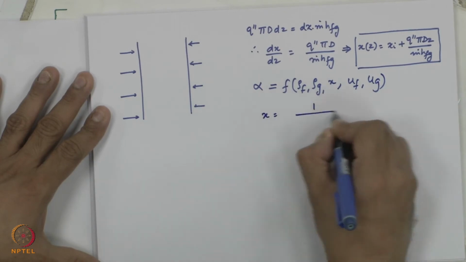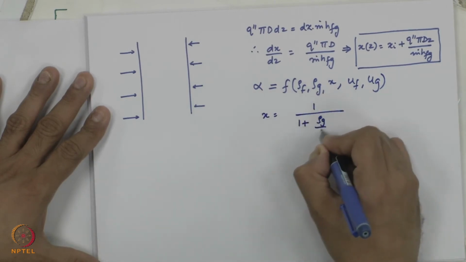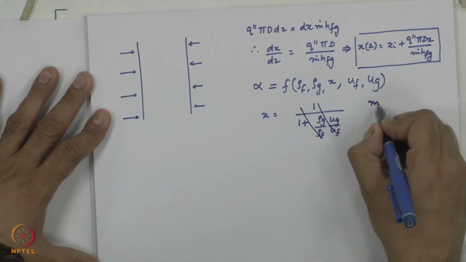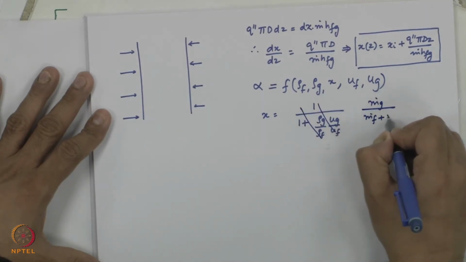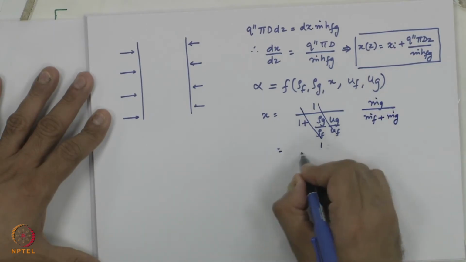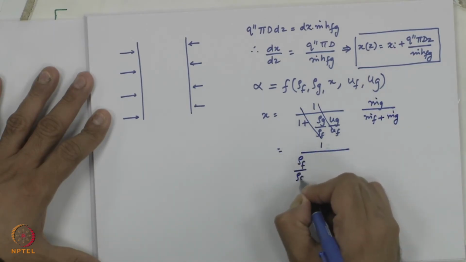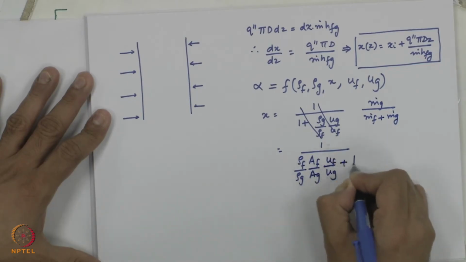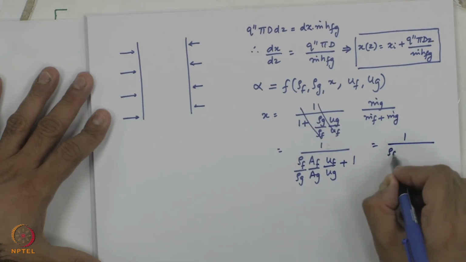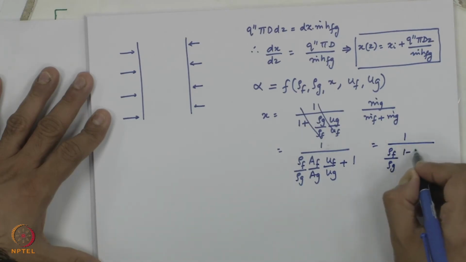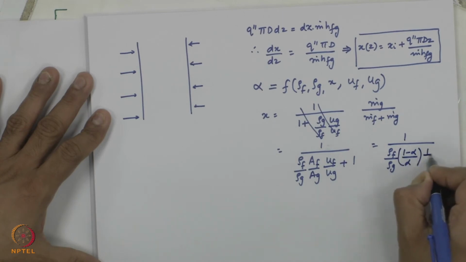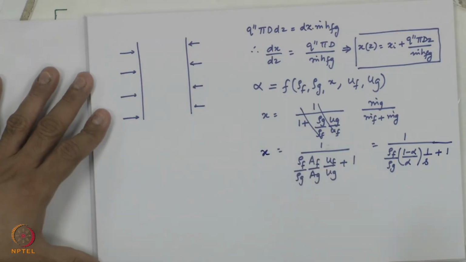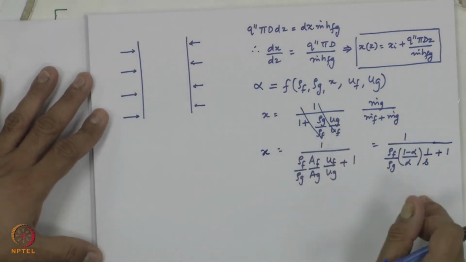It's going to be 1 over 1 plus rho g by rho f, ug by uf, times m dot f by m dot g... this is nothing but 1 over rho f by rho g, af by ag, uf by ug plus 1. af by ag we saw was 1 minus alpha by alpha, so this is 1 over slip ratio plus 1. So, x and alpha have a non-linear relationship and alpha will vary according to this situation.